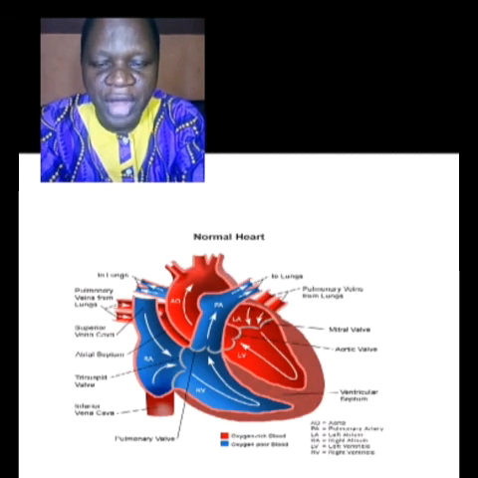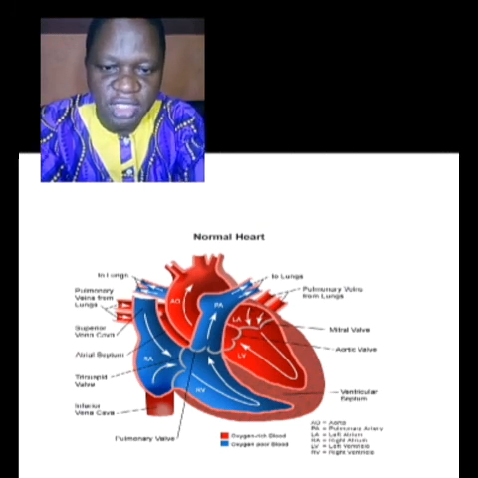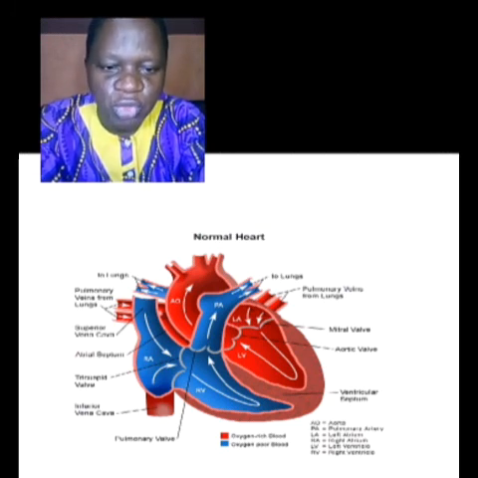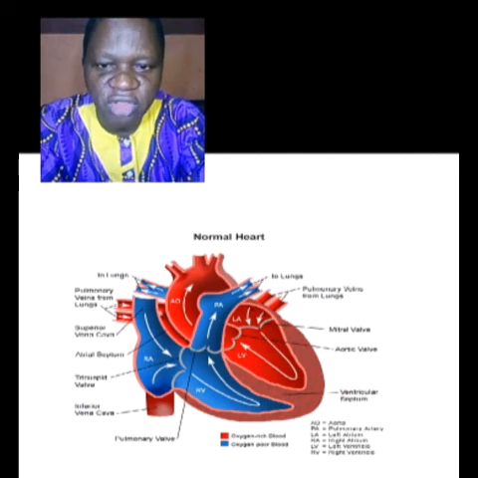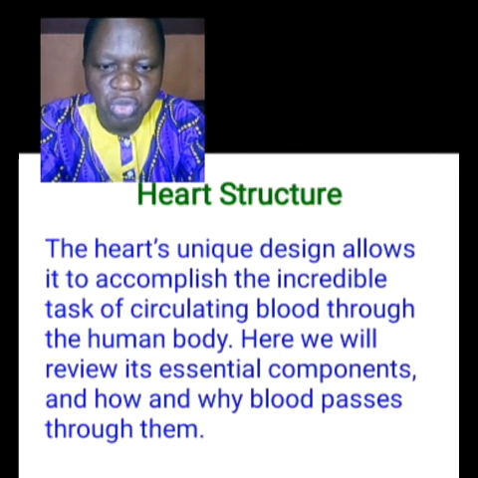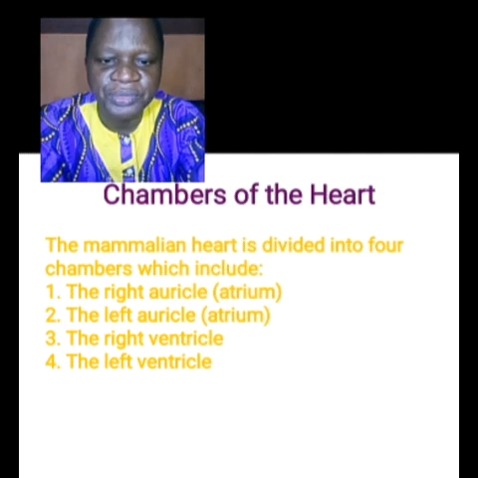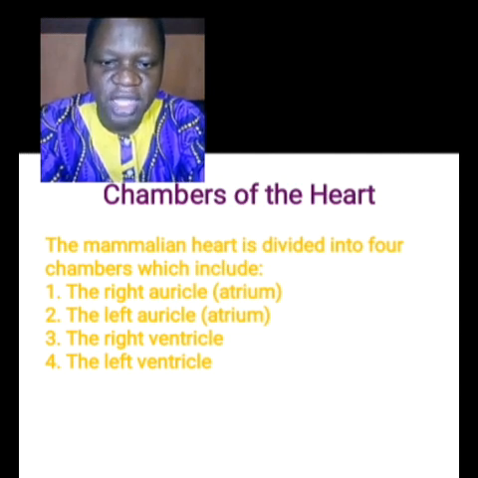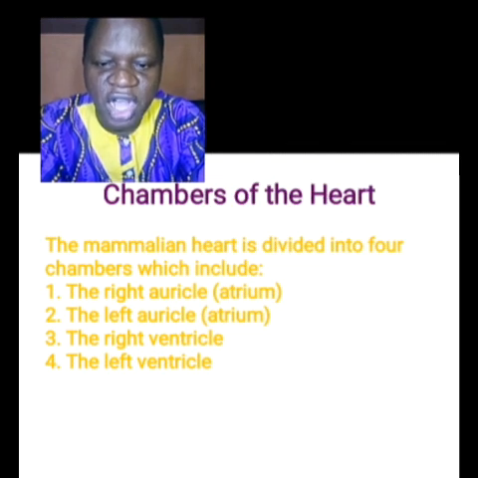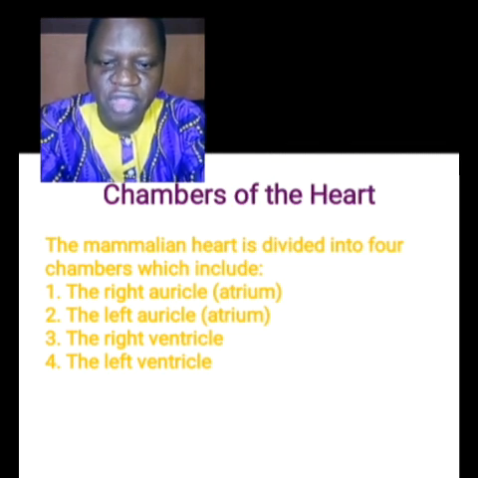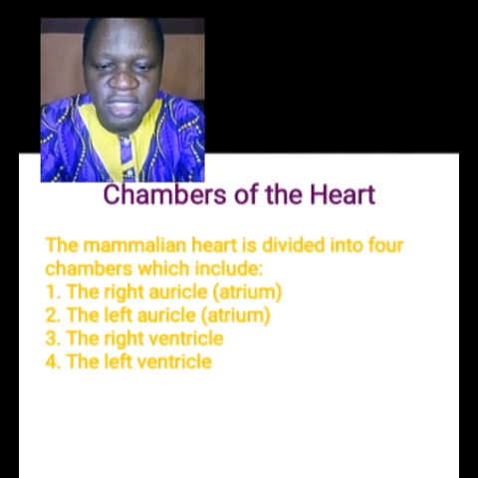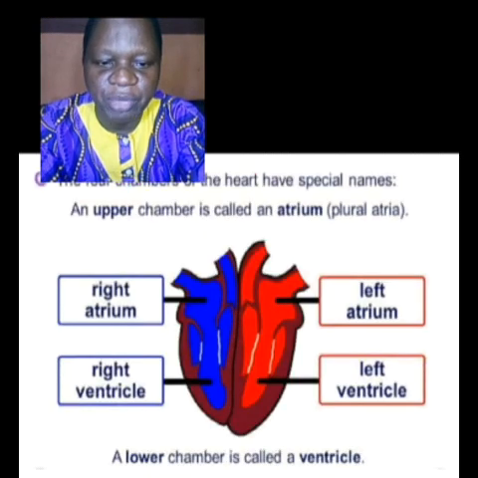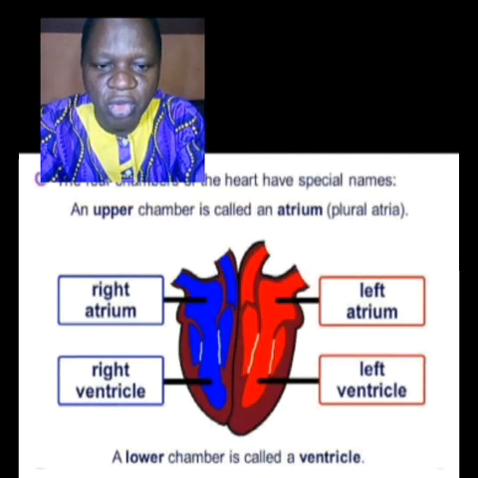And this is the structure of the heart, as you can see, with the various components which we are going to talk about very shortly. Let's start by looking at the chambers of the heart. The mammalian heart is divided into 4 chambers: the right auricle, the left auricle, the right ventricle, and the left ventricle, and they are represented in the diagram that you are seeing on the screen.